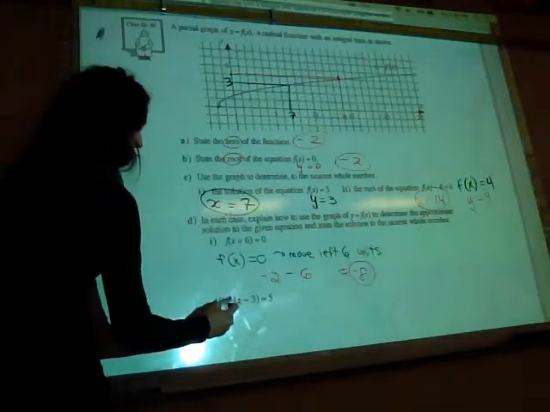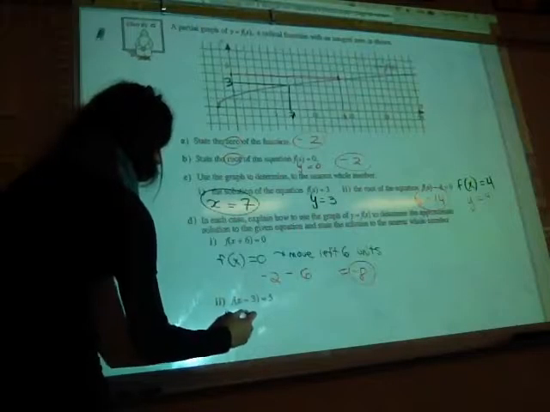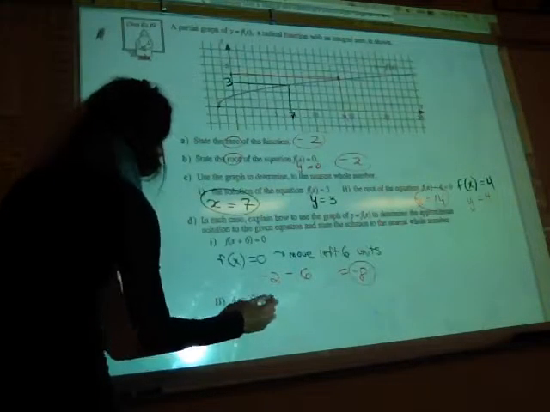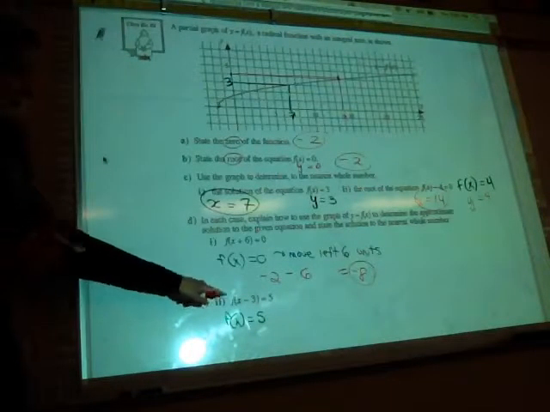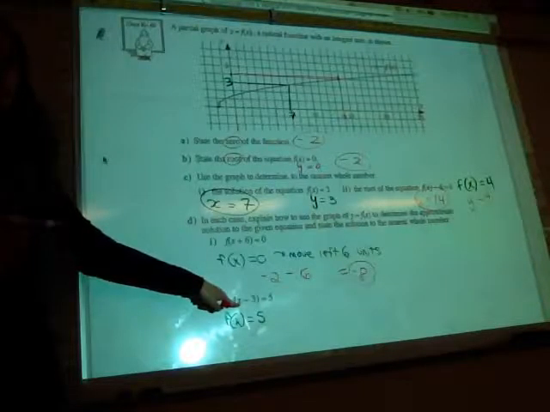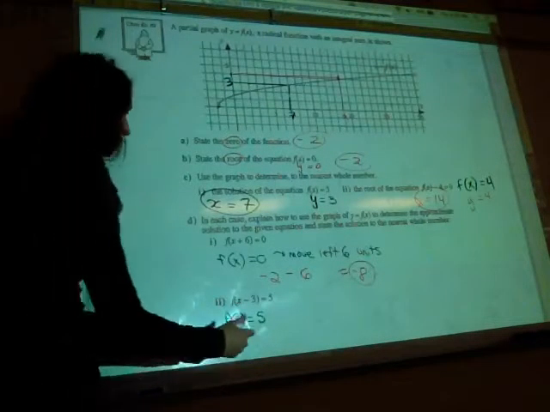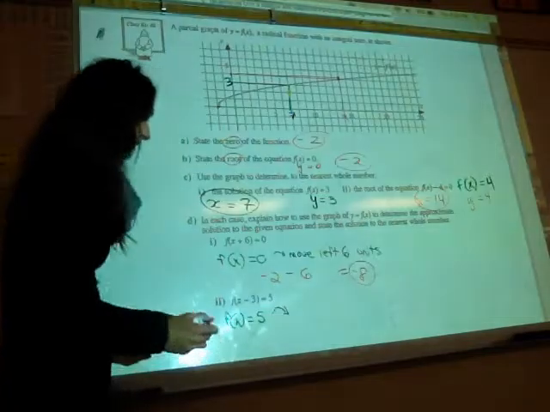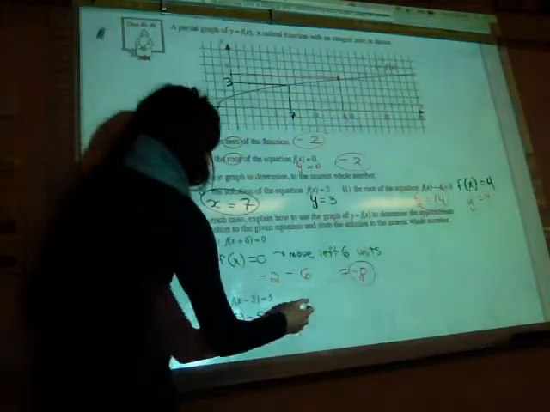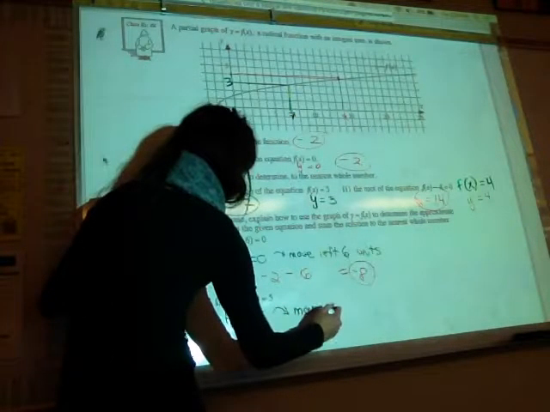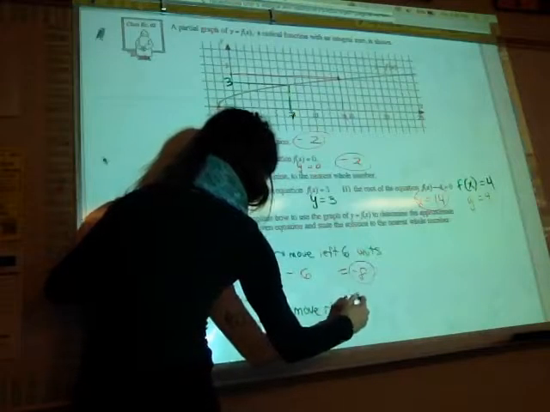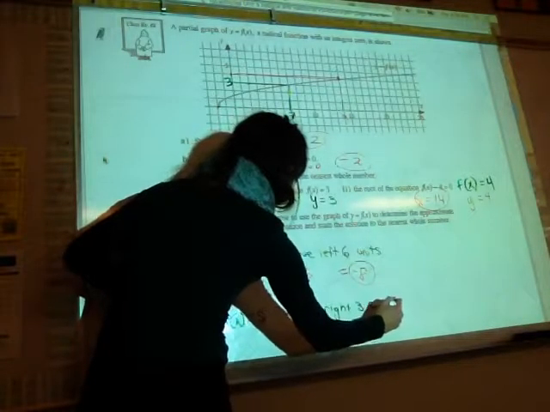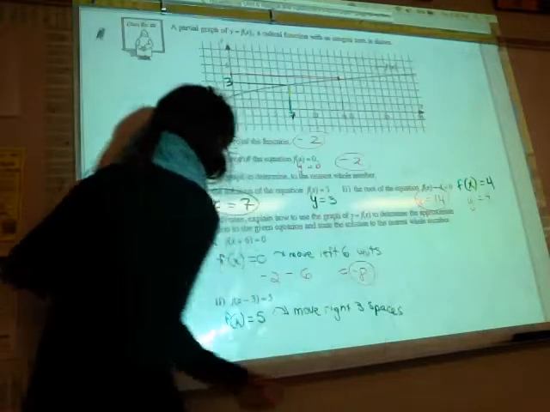The next one is saying when f of x is at 5, figure out that value, and then what would the transformation be? So right 3. So we'd figure out what is the value of x when y equals 5, and then we would move that value to the right 3 units.